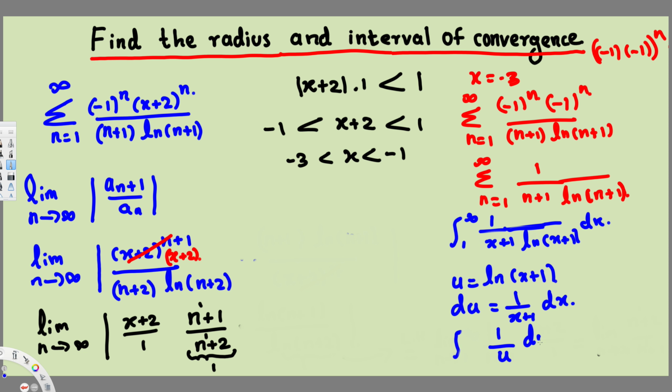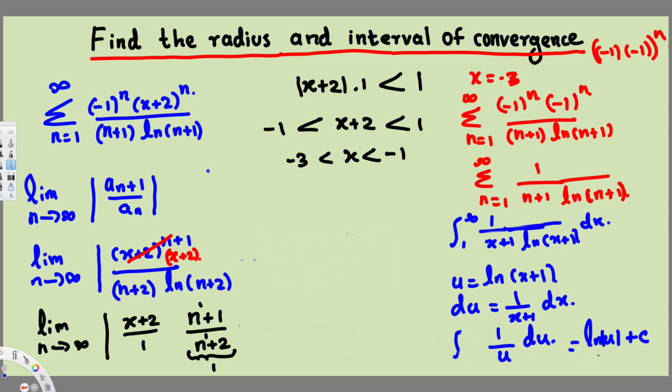That's going to be du, because 1 over x plus 1 dx is du. So we wrote everything in terms of u, and if you integrate this one, that's going to give you log u plus constant, right?